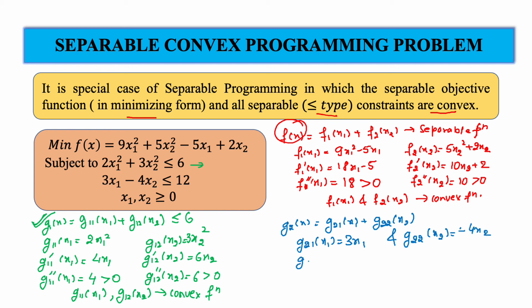Now the first derivative of g21 is 3 and of g22 is minus 4.